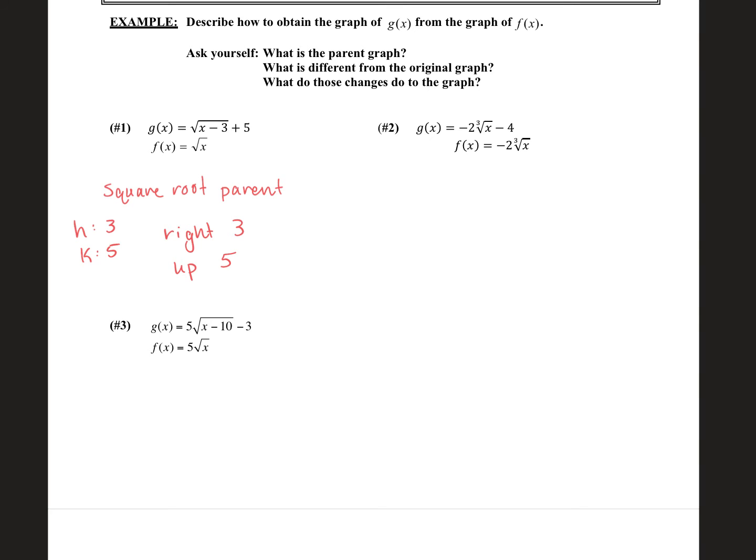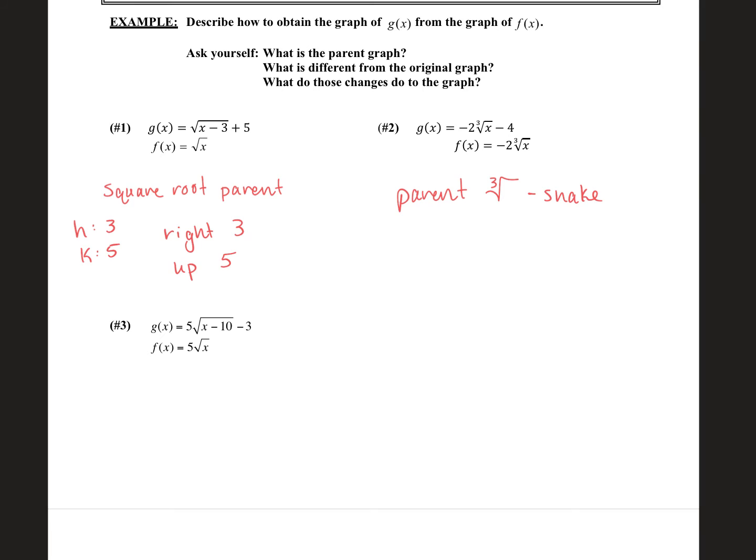So for the second example, we have g of x equals -2 times the cube root of x minus 4. All right, so the parent here is the cube root graph, and that's going to be a snake, that sideways snake we talked about. And then the transformation here, the difference between g of x and f of x, is going to be this minus 4 here.